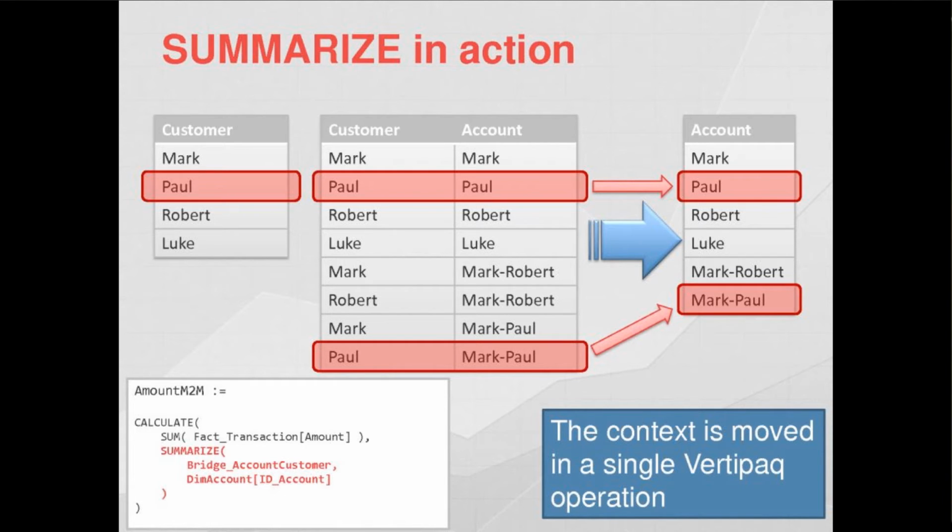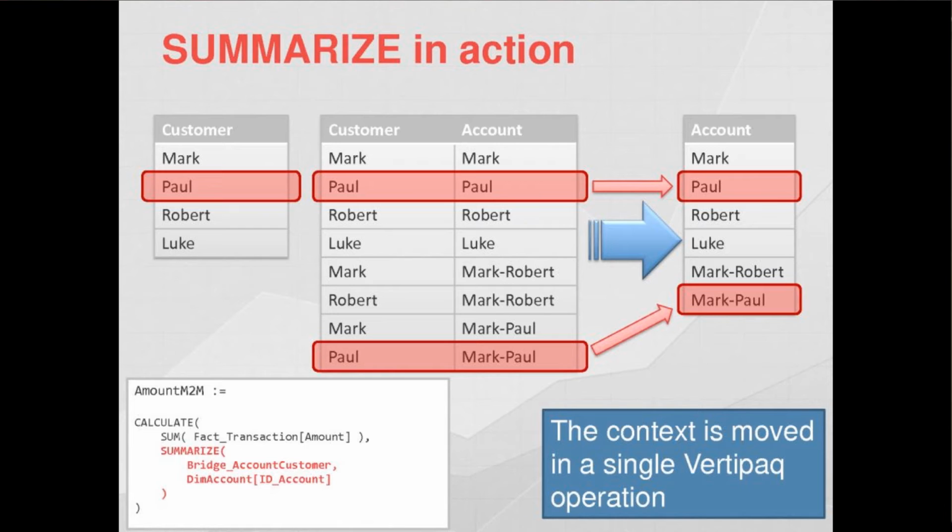This time the scenario is different, because before we had iteration and were able to follow it on the account table. Now we have SUMMARIZE, which returns the rows of the bridge table doing a group by Dim Account ID account, the column in the account table.